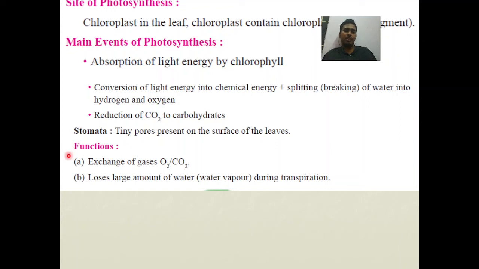Now what are the functions of the stomata? Stomata help in the exchange of gases and carbon dioxide, and they also check the large amount of water vapor released during transpiration. If an excess amount of water vapor is present in the plants, the stomata help to release the excess water through the process named transpiration. So thank you everyone.